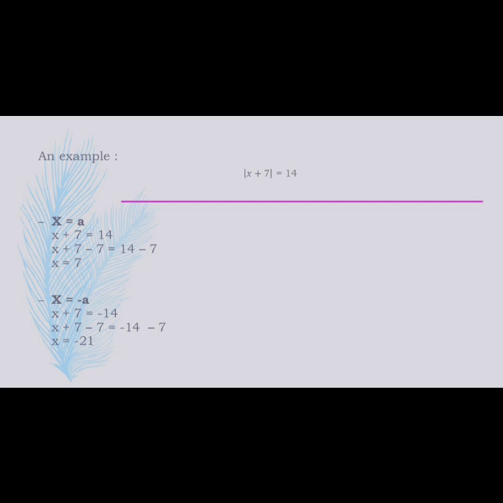So we use the first solution, which is x equals positive a. x plus 7 equals 14, and in this section we can subtract 7 from both sides. So x plus 7 minus 7 equals 14 minus 7. The result is x equals 7.